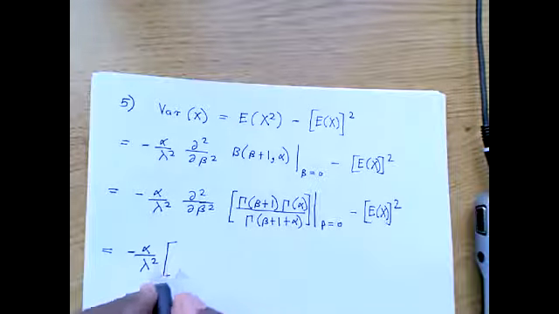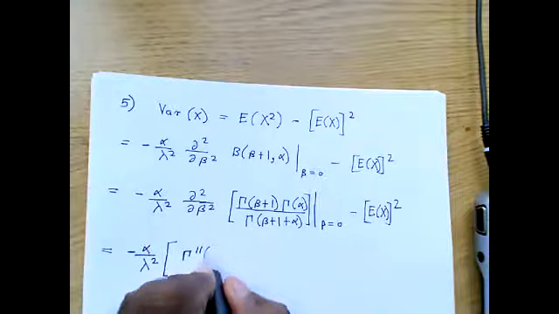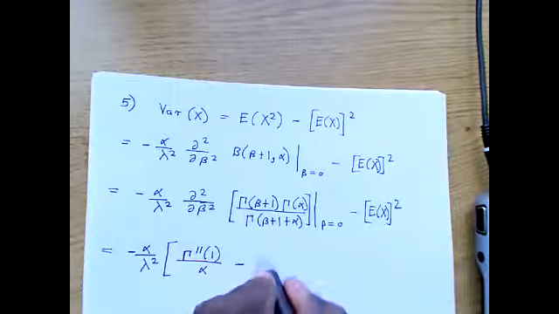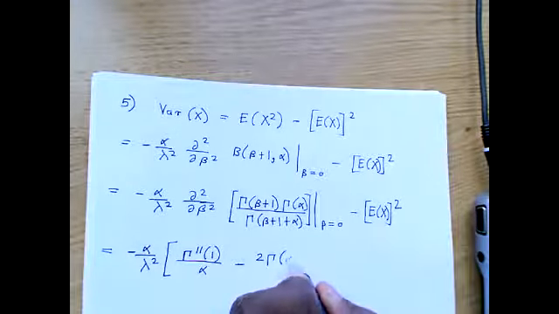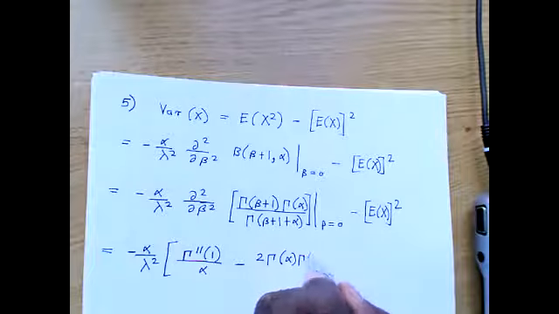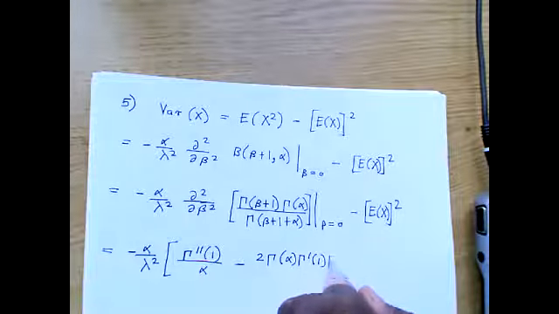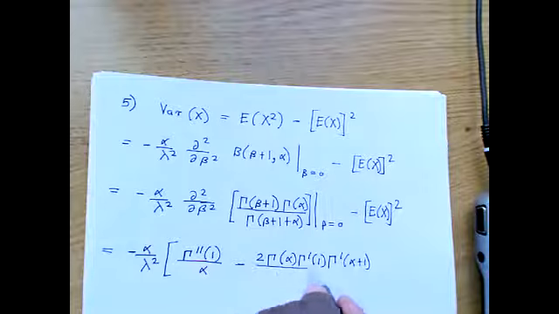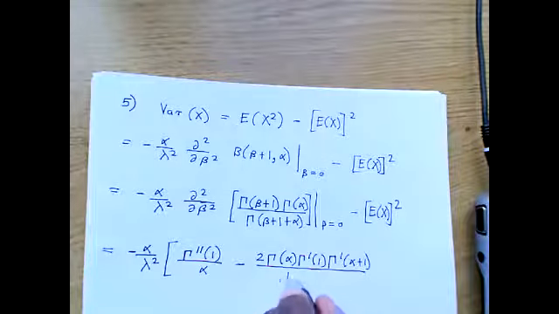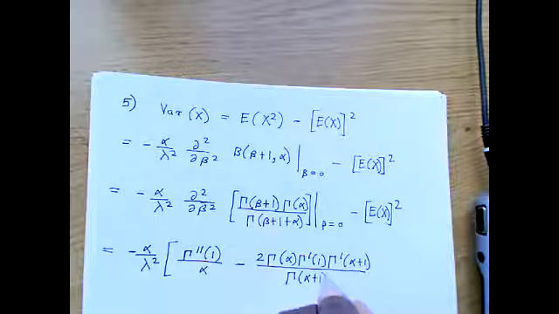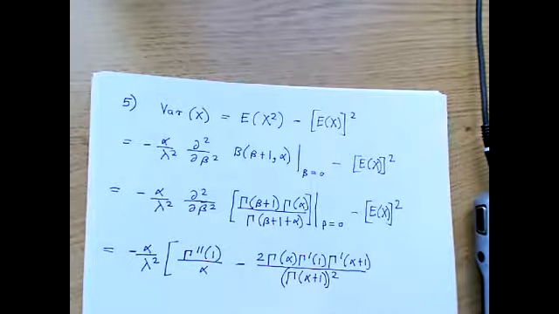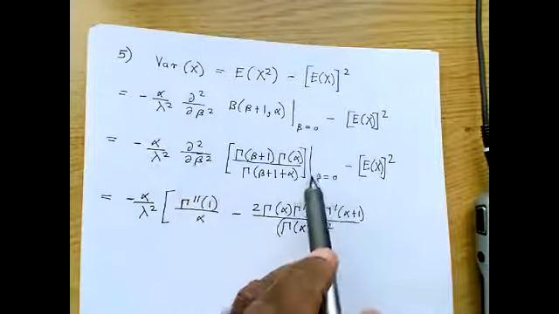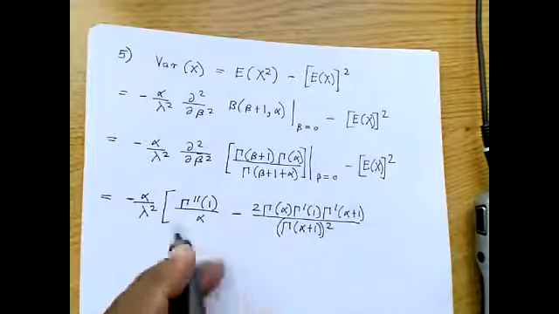Correct me again if I'm wrong. So I'm differentiating this 2 times with respect to beta, and then putting beta equal to 0.